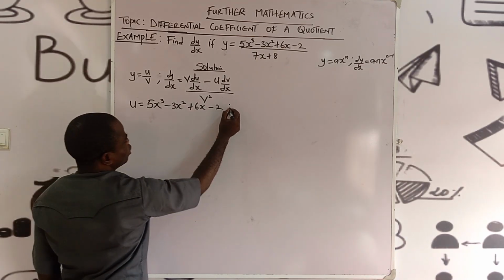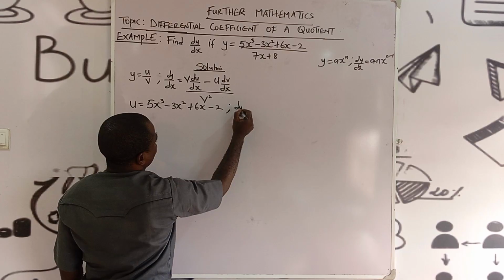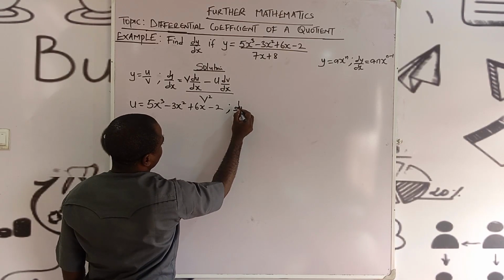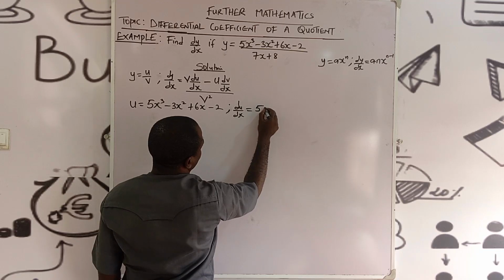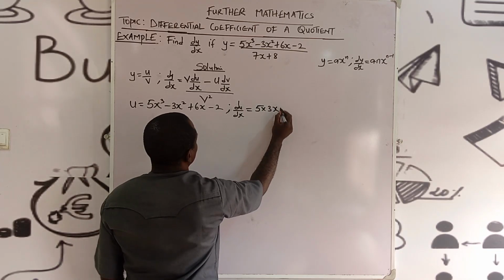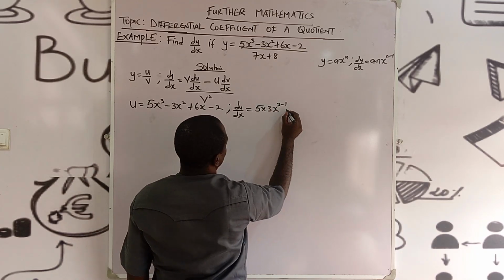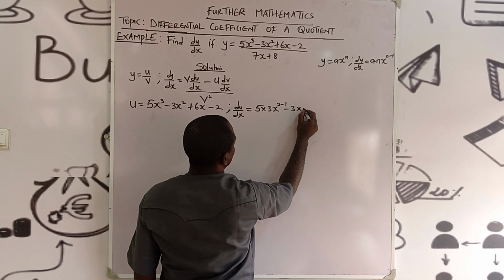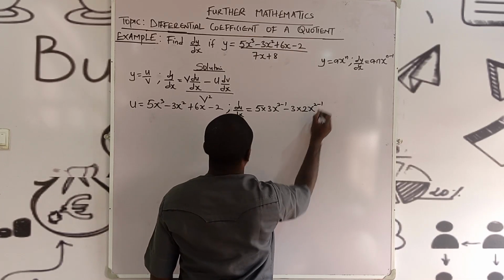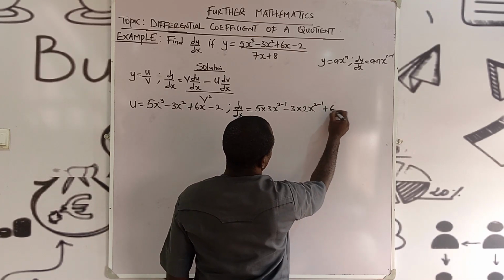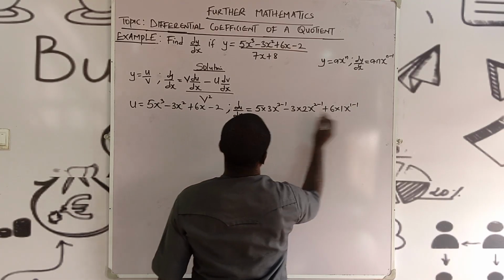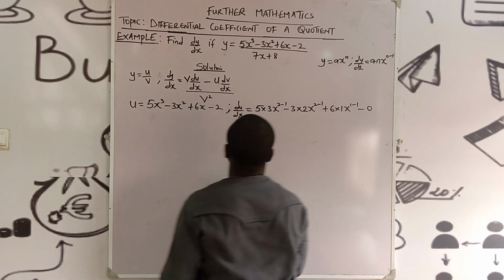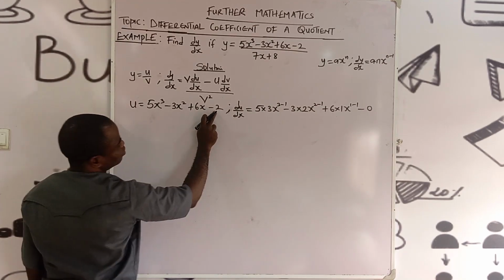Now let's differentiate u with respect to x equals 5 times 3 x raised to power 3 minus 1, minus 3 times 2 x raised to power 2 minus 1, plus 6 times 1 x raised to power 1 minus 1. When you are differentiating a constant, minus 0. Differentiation of a constant is 0.